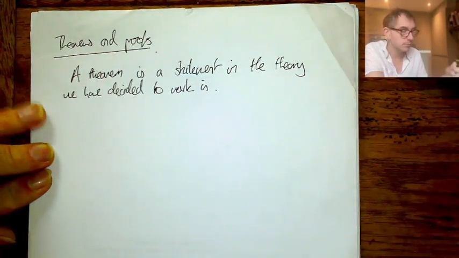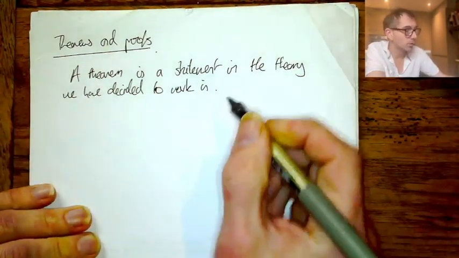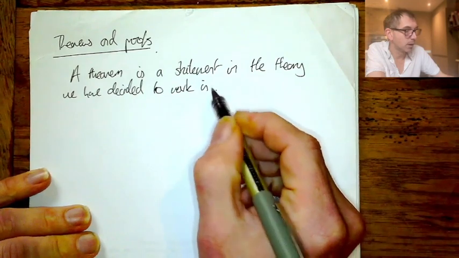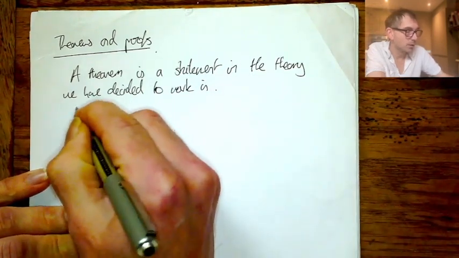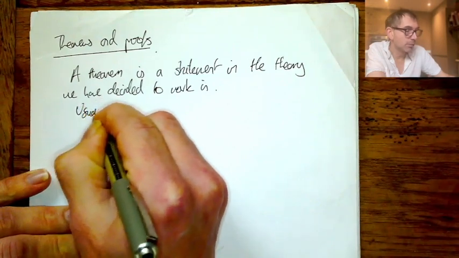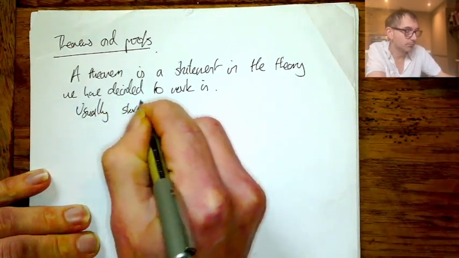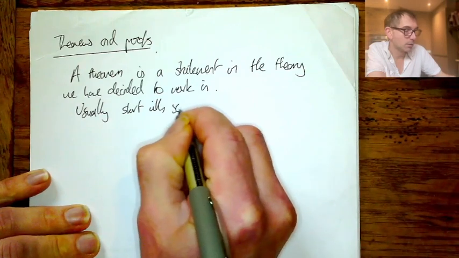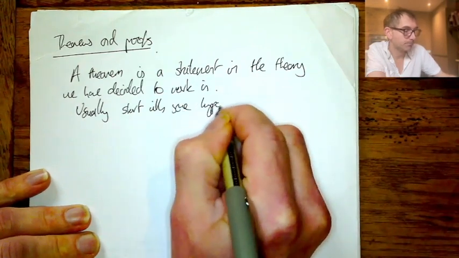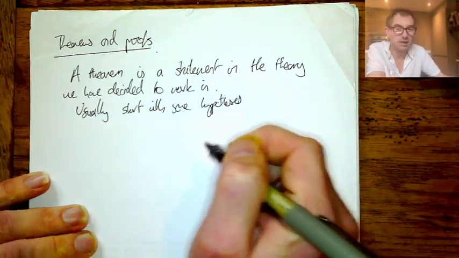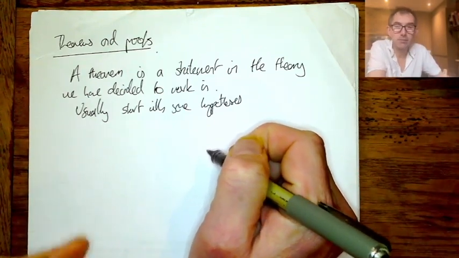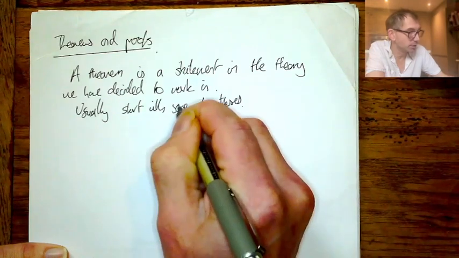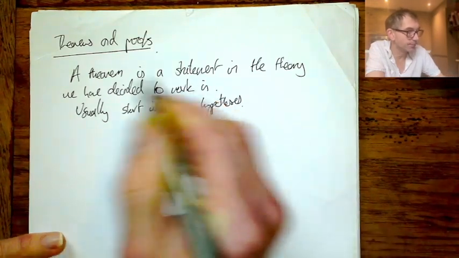So it could be real numbers, natural numbers, or what have you, differential equations perhaps. Usually start with some hypotheses. Could be let x be bigger than or equal to 0. That could be a sort of hypothesis you might use.